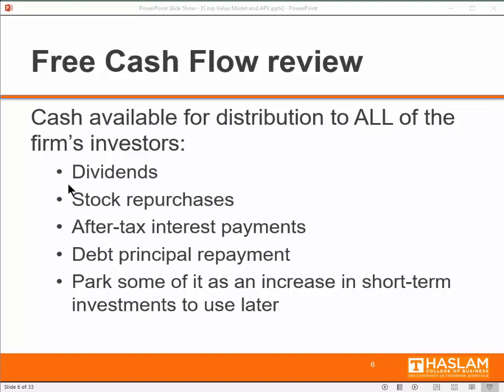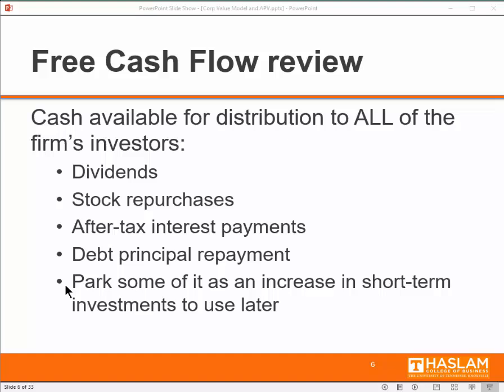Those are cash flows that go to the shareholders. After-tax interest payments and principal payments go to the debt holders, and then you might very well park some of that money temporarily, and that shows up as an increase in short-term investments, and it might be used later.